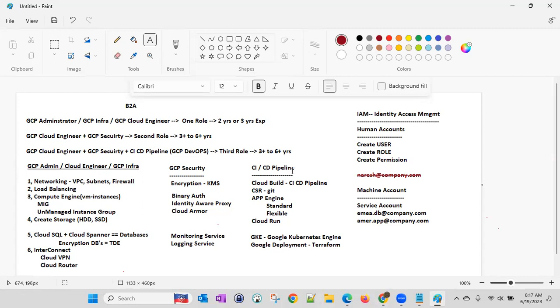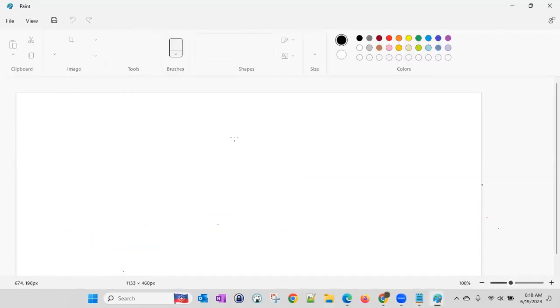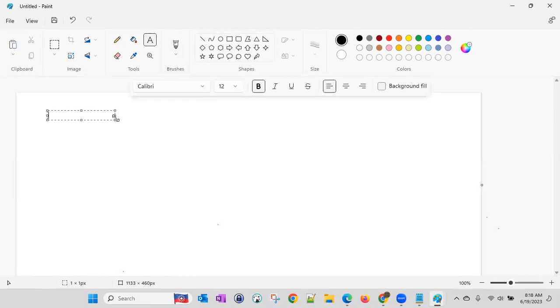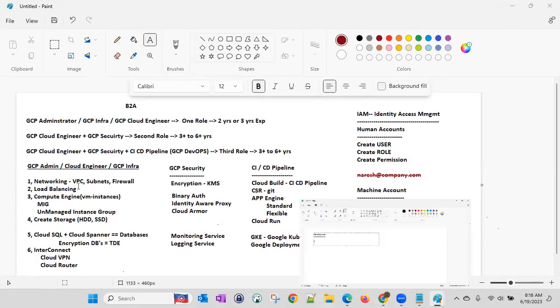Certifications also we have in GCP, plenty of certifications are there. If I want to write a certification, first thing we have discussed, right?